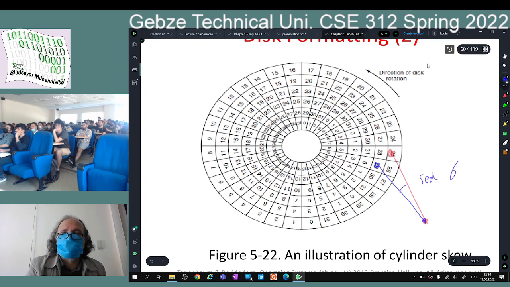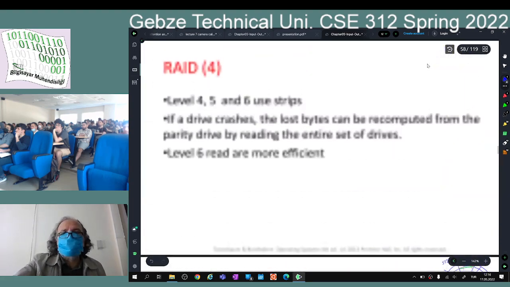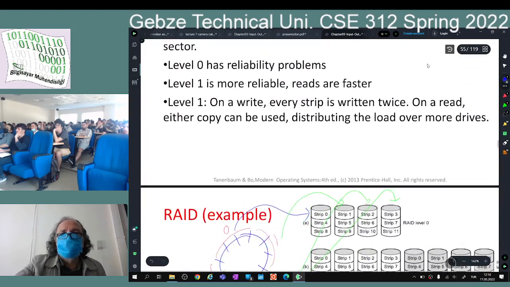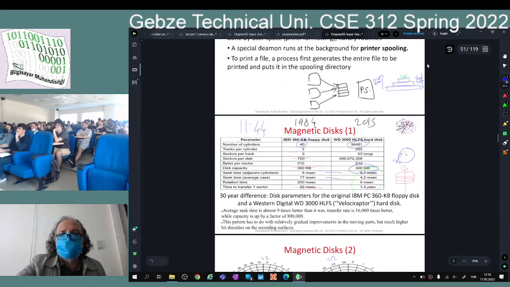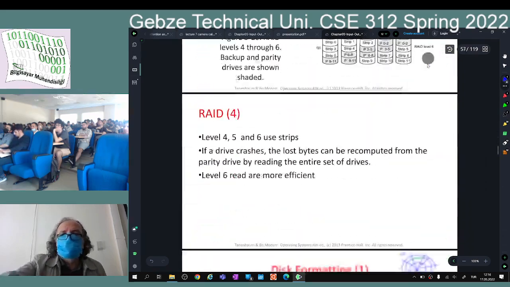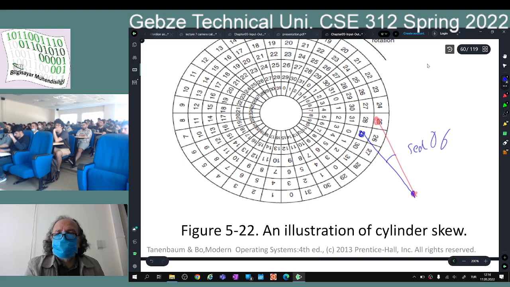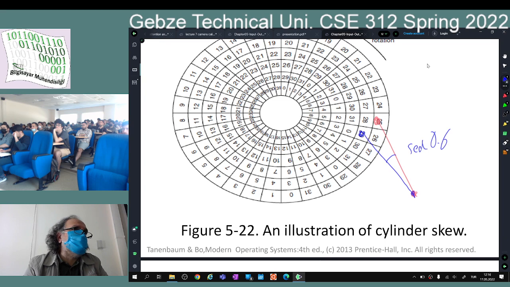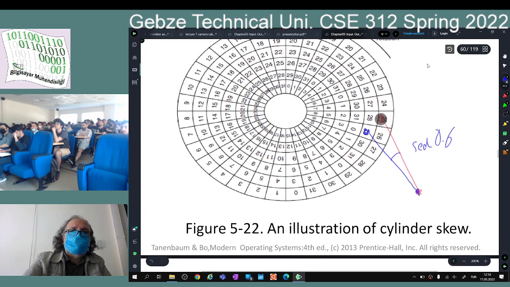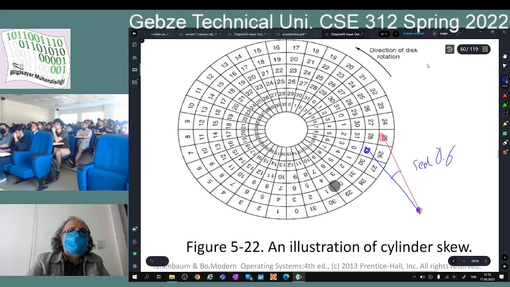It takes 6 milliseconds. What was it for the Western Digital one? On the average, it used to be 0.7 milliseconds. Okay, it's going to take 0.6 milliseconds, and 0.6 milliseconds is a lot of time. By the time I moved my head from this location to this location, this disk has spun a lot.